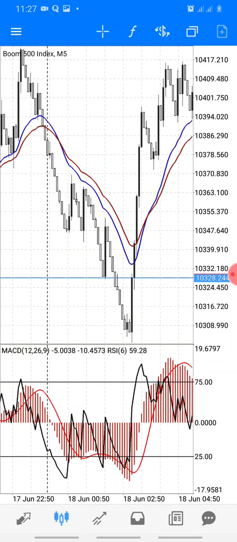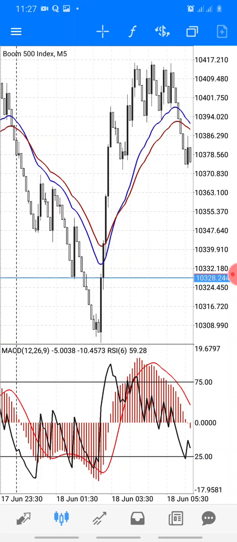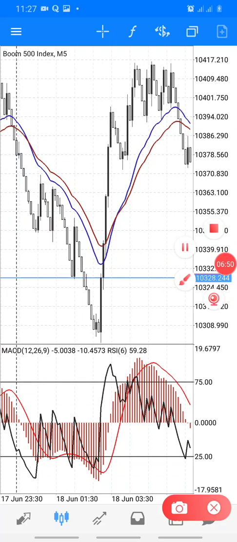When the RSI is crossing the MACD here, you don't enter for such a trade. That shows that the market is still on an uptrend, so you wait. The RSI must be crossing the MACD when it is below the 75 line. That is the first indication you must follow before you enter the market.